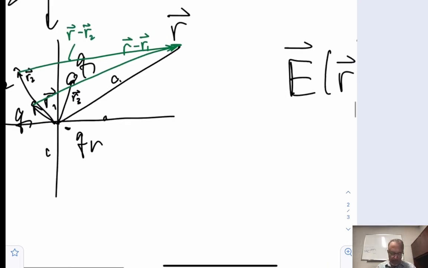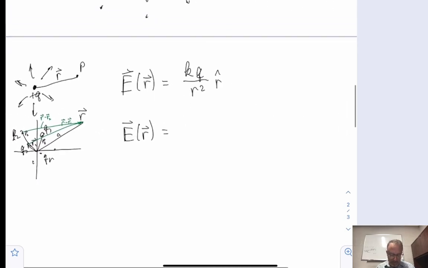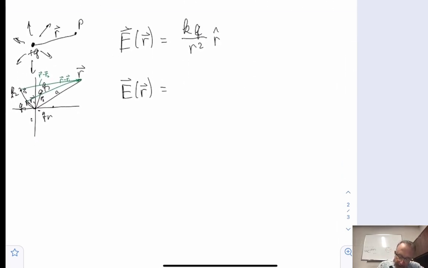And so what we're looking for then is the electric field at R, and it's going to be, let's take the first one, K Q1 over the value R. In fact, I don't need to put absolute value marks because this is squared, so it's just R minus R1 squared in the R, and now I have to write this as like R minus R1 hat direction. That's so weird, but that's what it is.